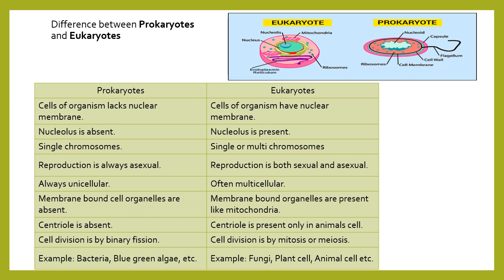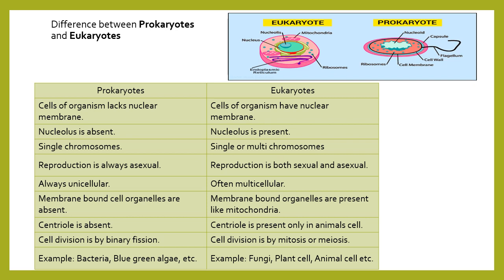Next difference is reproduction is always asexual, whereas in eukaryotes, reproduction is both sexual and asexual. Next difference, it is always unicellular, whereas in eukaryotes, it is often multicellular.